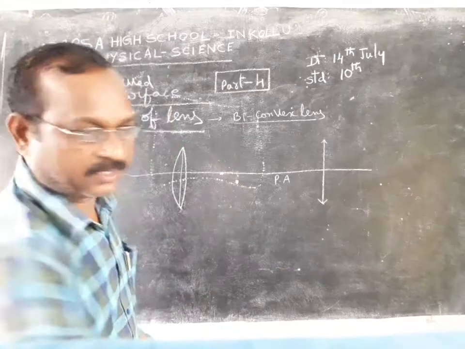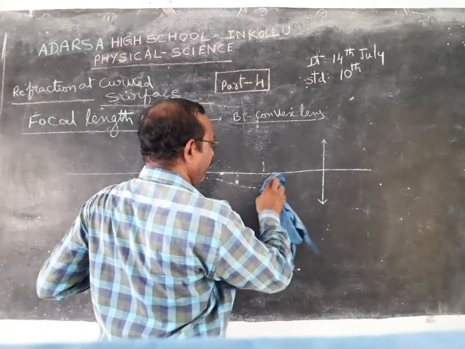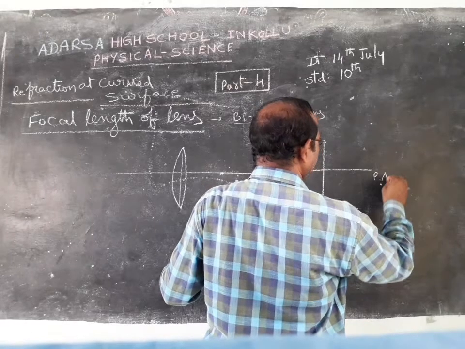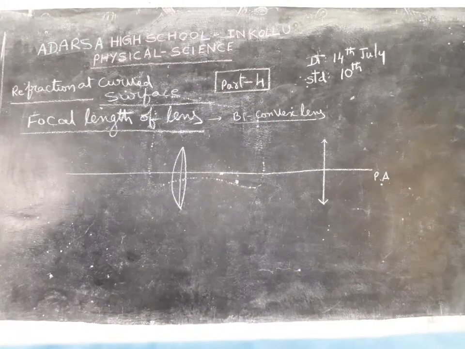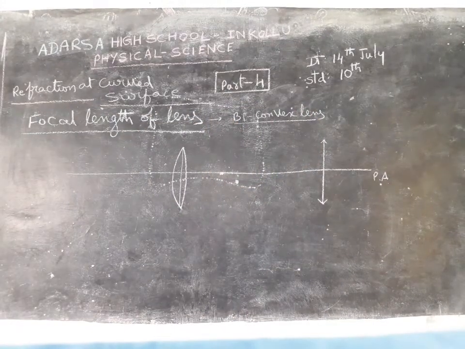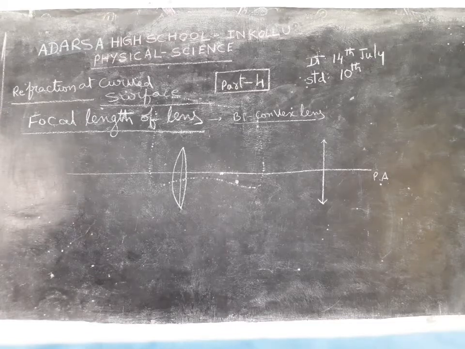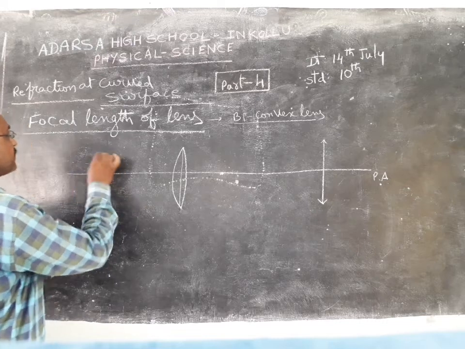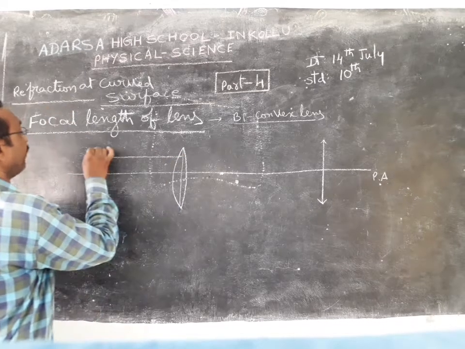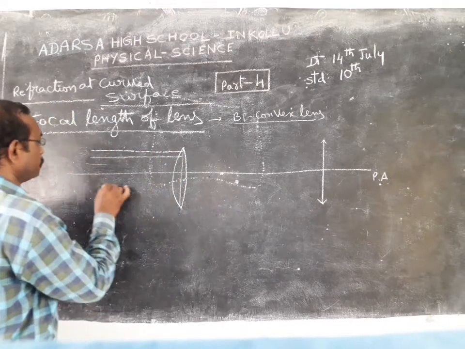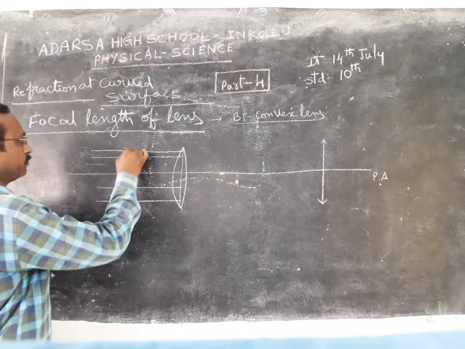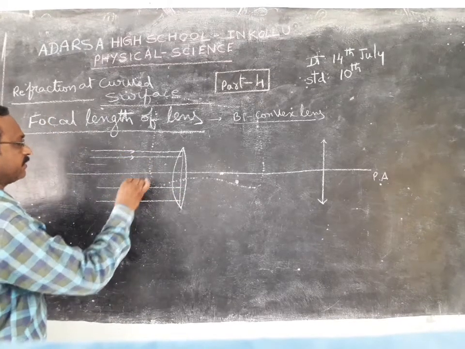This is the symbol of the biconvex lens. PA is for principal axis. These are the incident rays: incident ray 1, incident ray 2.